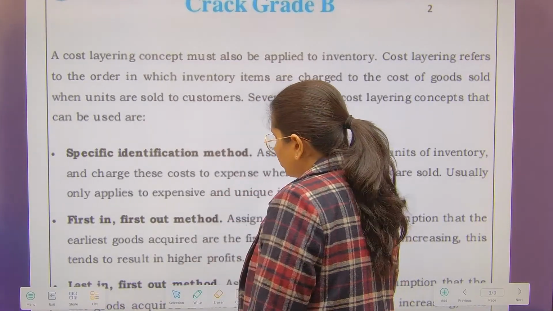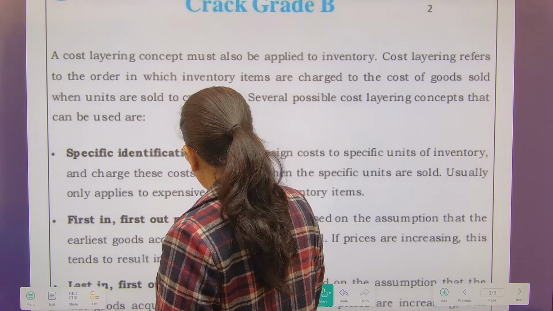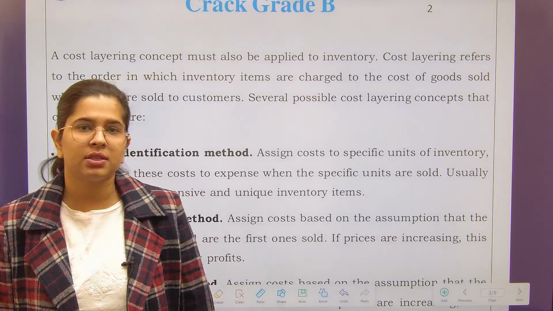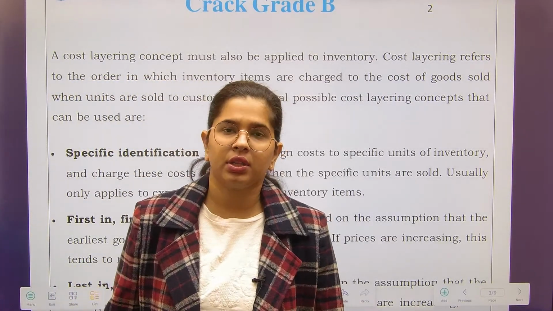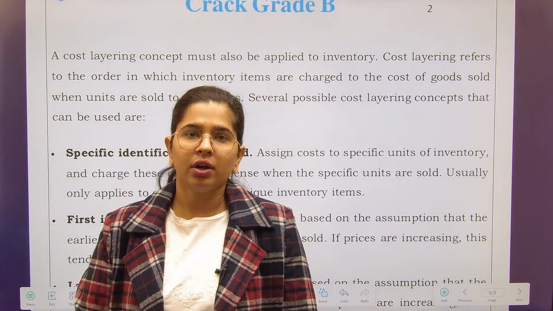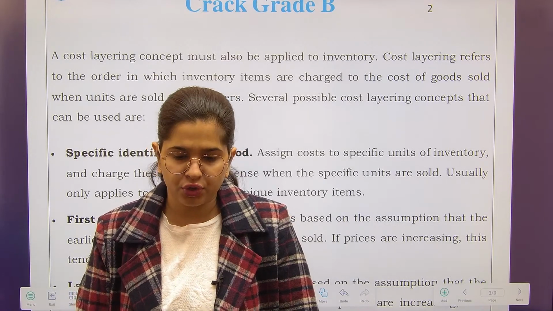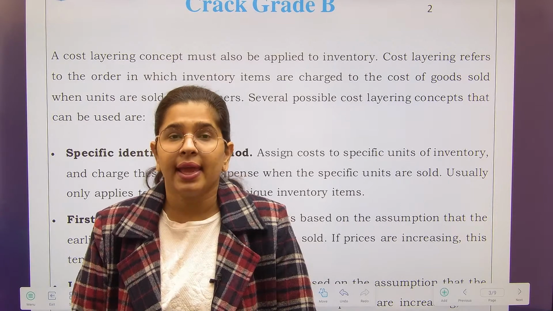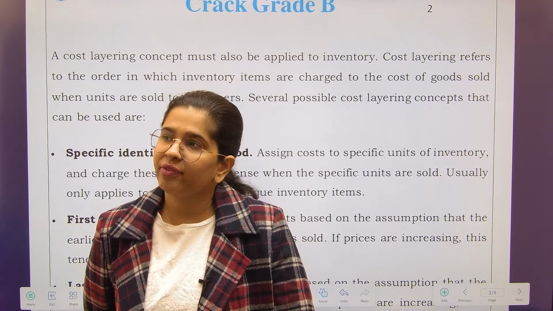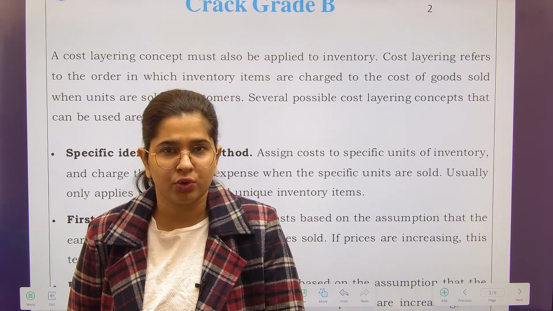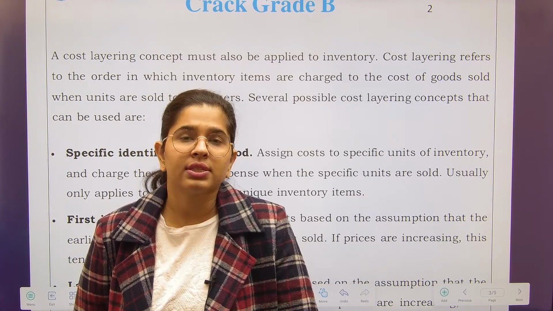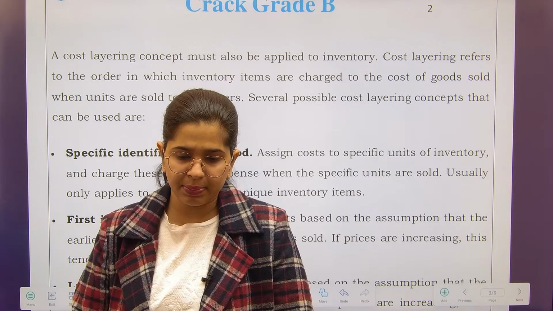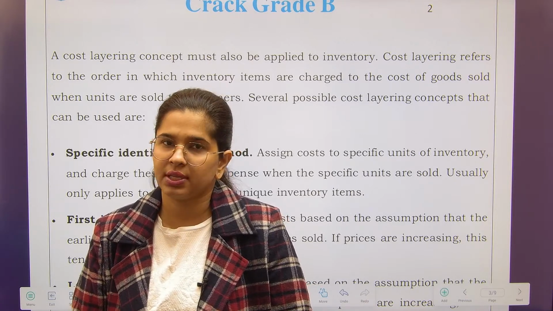Now let's talk about the cost layering. What is cost layering? Cost layering means at what price you will charge the material to your cost of goods sold. Cost of goods sold means I want to find out that, okay, if in the current month I have done sales of 12,000 rupees, then what is the cost that I have incurred in order to produce these particular goods, right?